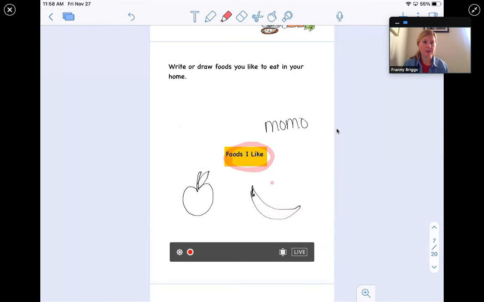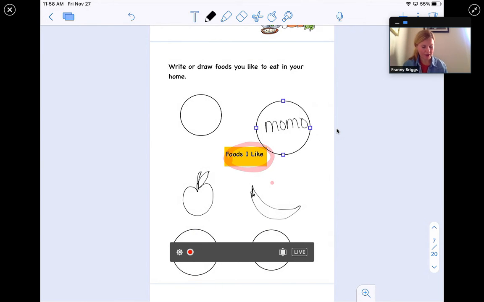Additionally, what you could even do is add circles for where they're going to put their answers, because some students might appreciate that additional structure. And so that would look something like this.